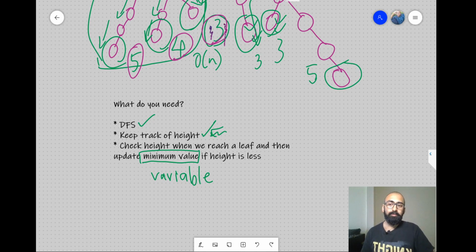The other one is breadth first search, where you go level by level. Third, make sure you're keeping track of the height. Every time you go one level down, make sure you increment the height by 1. And then at the final point where you've reached a leaf node, you've been keeping track of its height, right? Check if it's lower than the minimum. If it is lower than the minimum, then just go ahead and update. That's it.